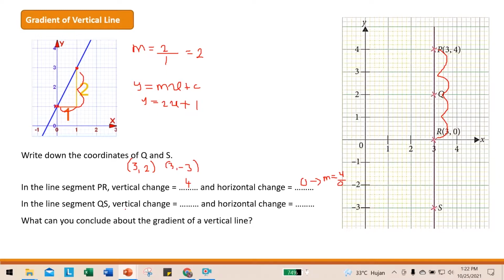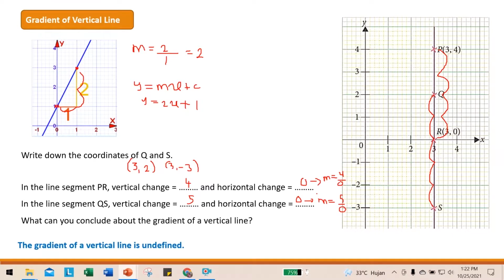In the line segment QS, vertical change is 5 and horizontal change is 0. So its gradient is 5 divided by 0. It's undefined. What can you conclude about the gradient of a vertical line?